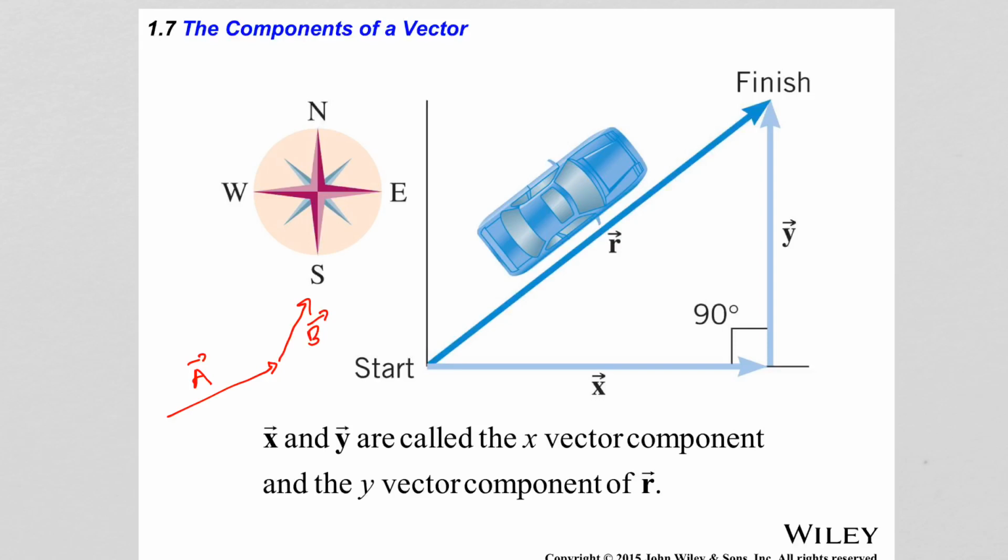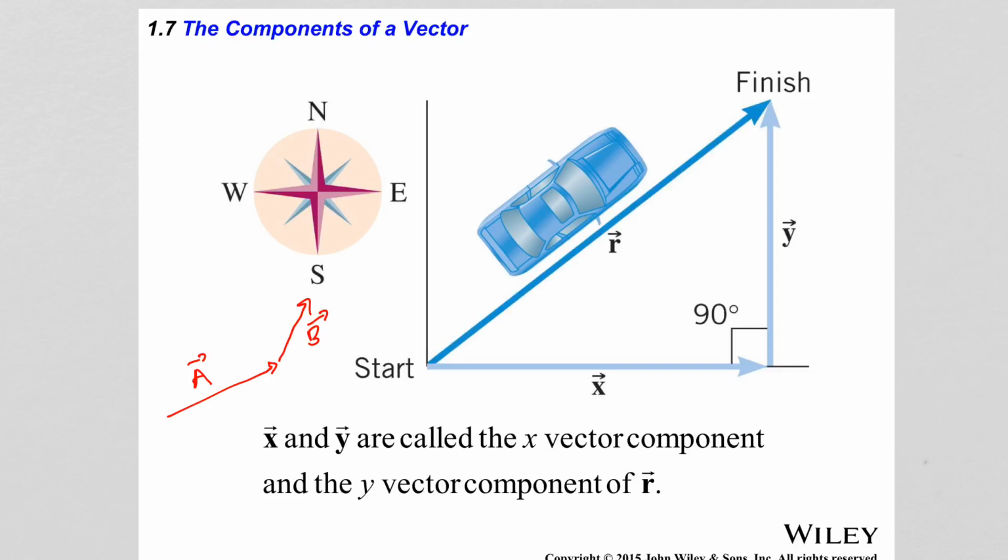And the way to do the addition would require introducing some new concepts, mainly components of a vector, to be able to do the addition of those two vectors.